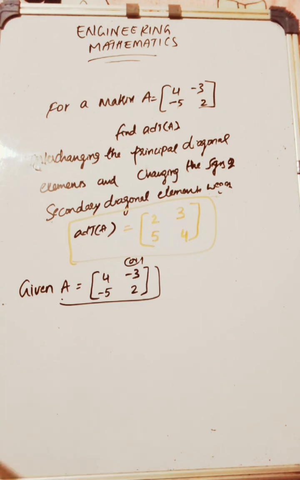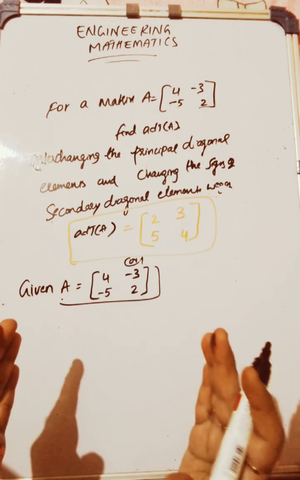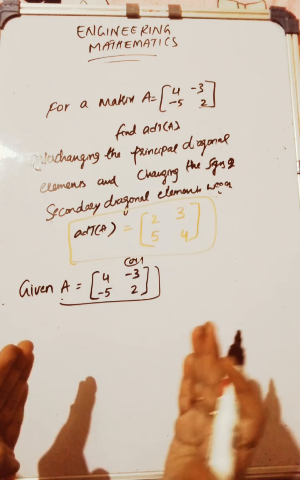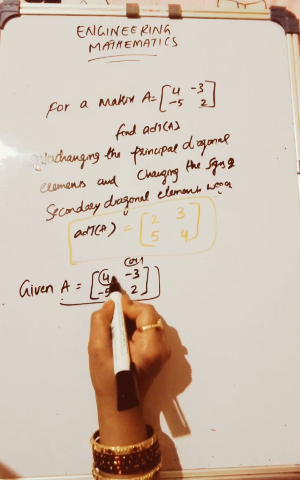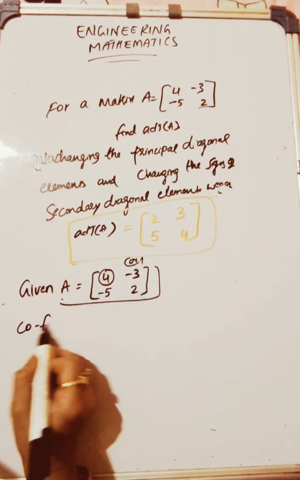If we write the transpose of the cofactor matrix, that is called the adjoint of A.